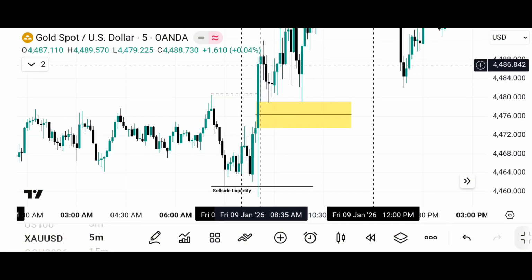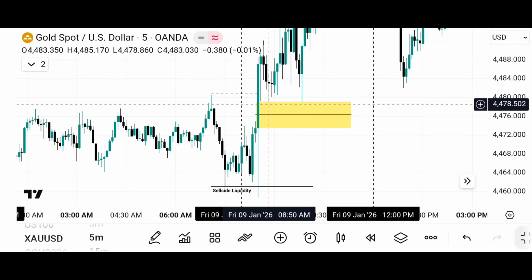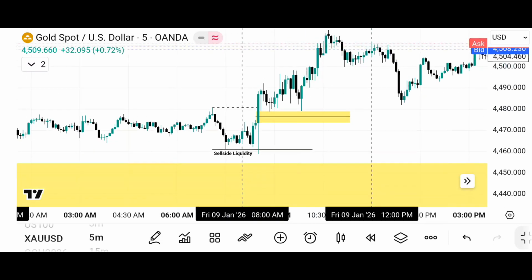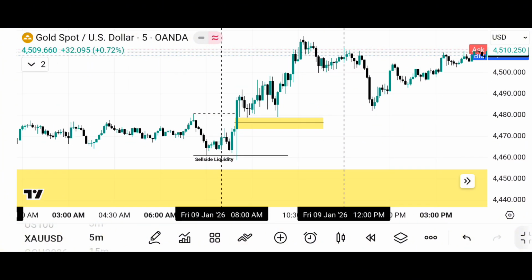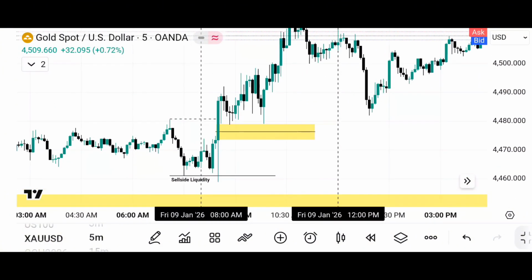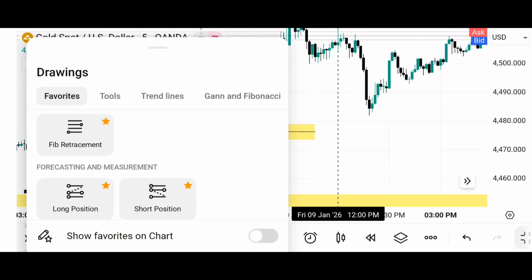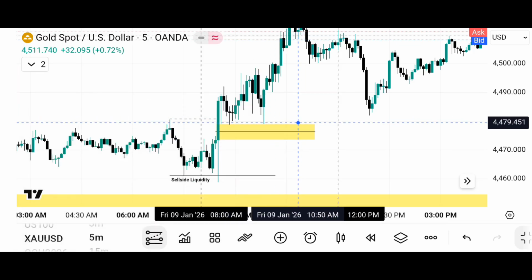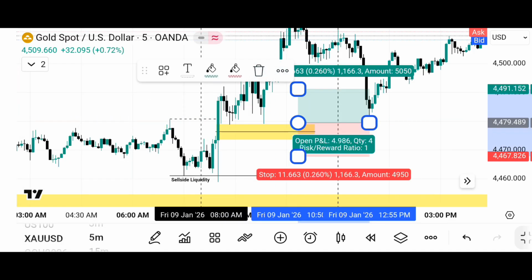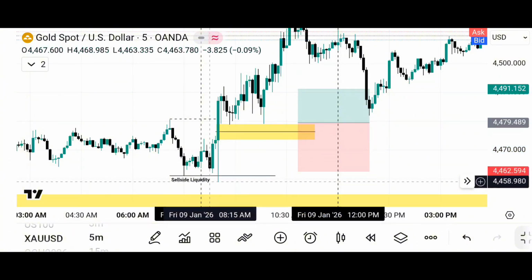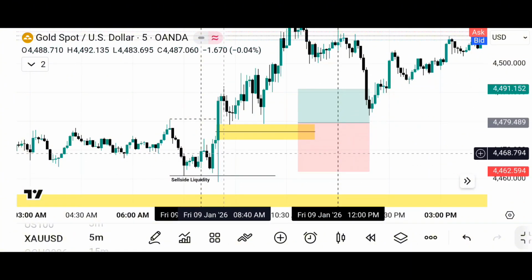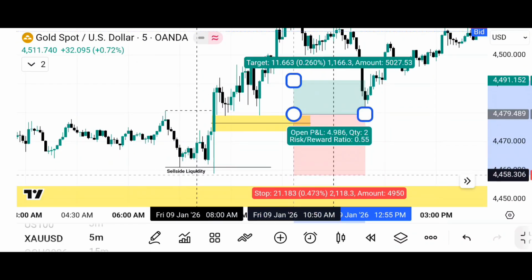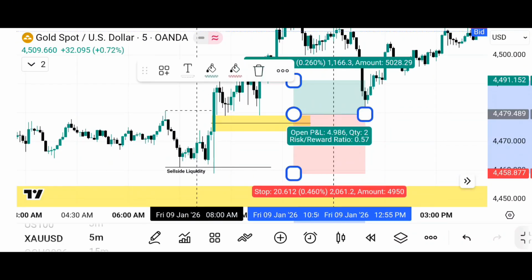And you can see how price then traded into the fair value gap at 8:50 and moved upward. So let's say we take a trade here. If we were to take a trade at this point, and you are not really experienced on where to keep your stop loss, because this price run is a very long, very large price run, you will probably want to put your stop loss right here.